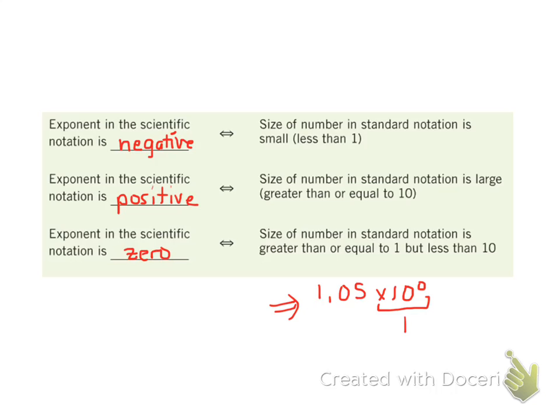To convert from standard to scientific notation, number 1: determine if the size of the original number is large or small. If the size of the number is greater than 10, the size is large and the exponent on 10 will be positive. If the size of the number is less than 1, the size is small, and the exponent on 10 will be negative. Keep the sign of the original number.